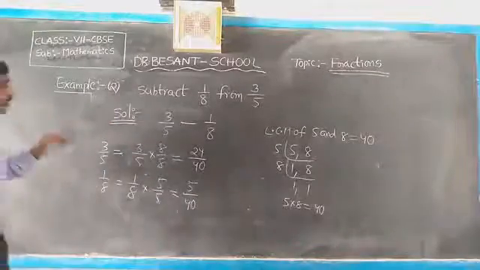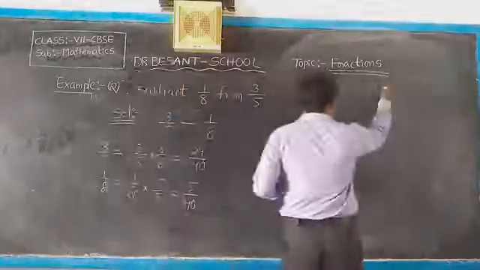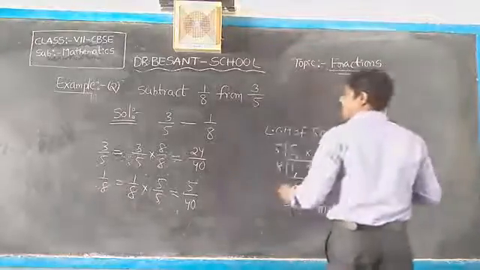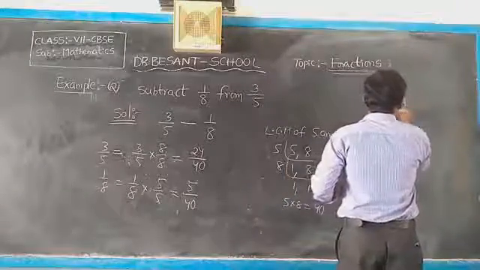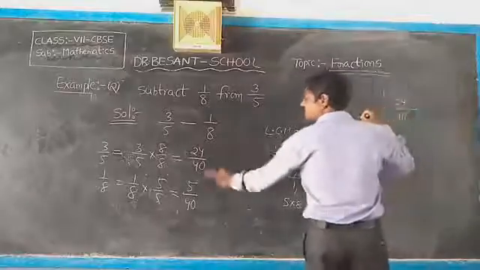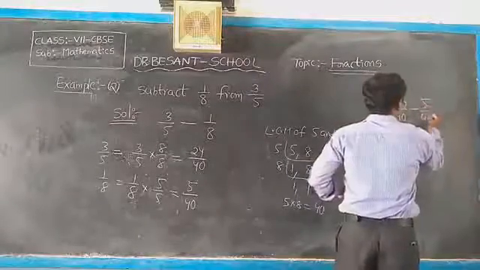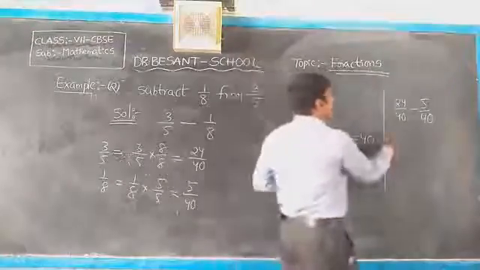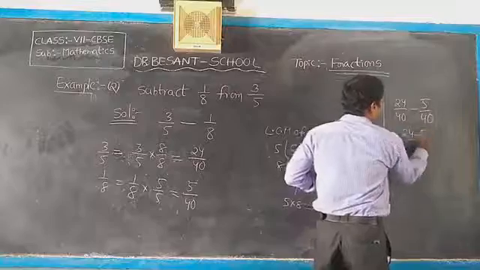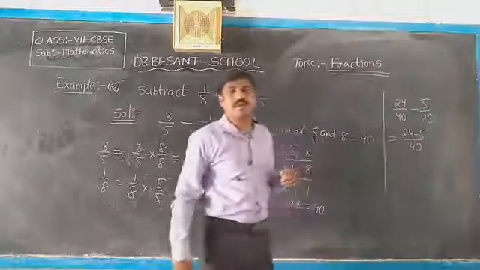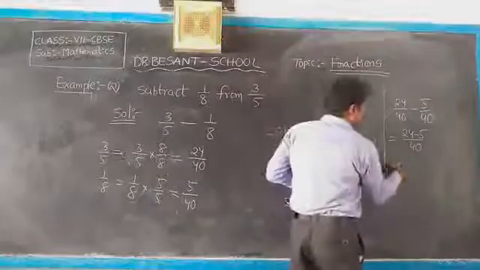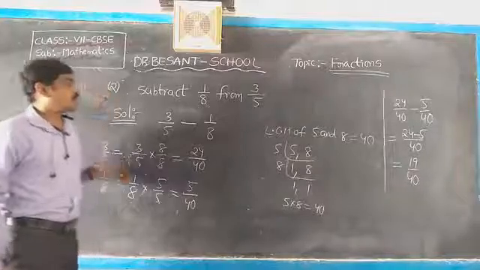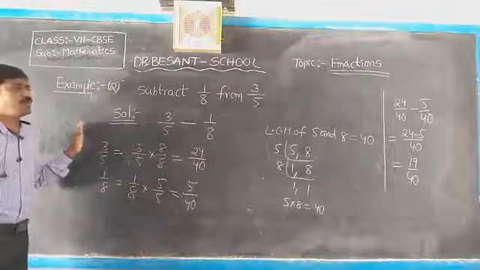Now this one minus this one: 24 by 40 minus 5 by 40, that is equal to 24 minus 5 by 40, that is equal to 19 by 40. Okay children, so this is example 2.